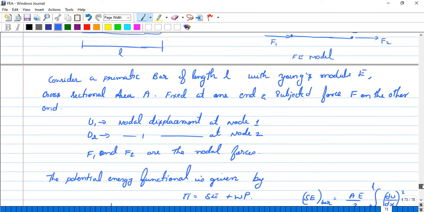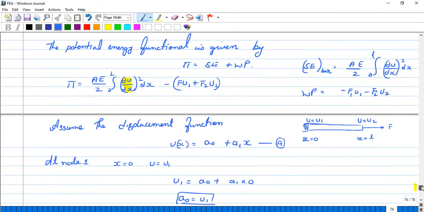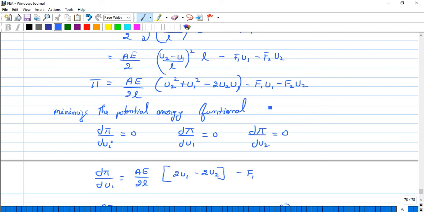And the same I will be doing with respect to u2. So this function with respect to u2, if I do that, I will obtain, let me write down here itself, partial pi by partial u2: AE by 2L as it is within bracket 2u2 minus 2u1 minus f2.